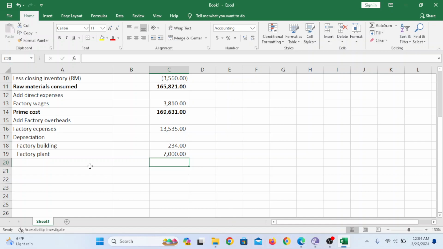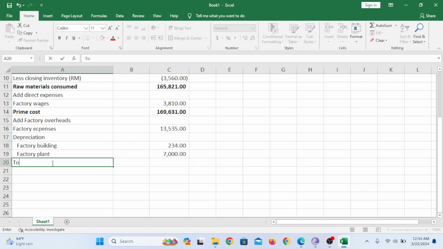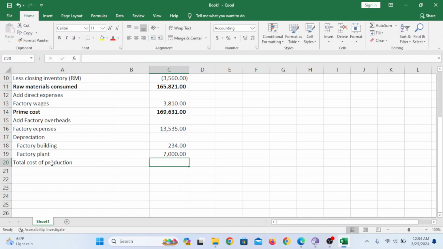So I don't think there is any other. So we get the total cost of production. So we add from prime cost, that is 169,631 plus 13,535 plus 234 plus 7. So I'm getting 190,400.